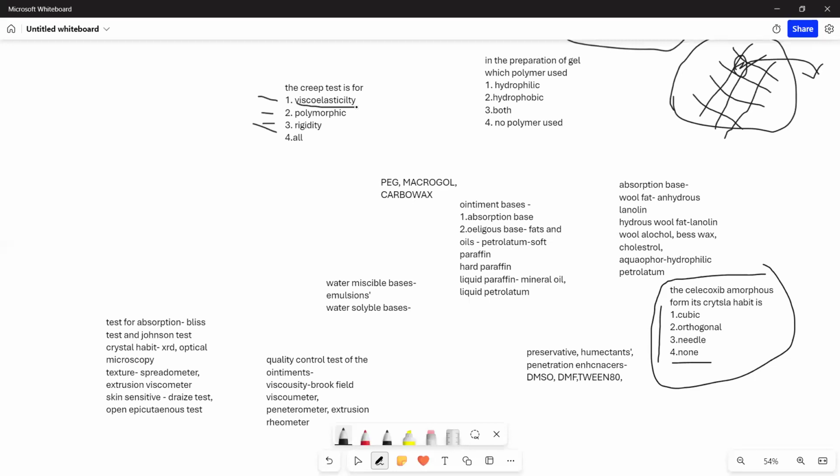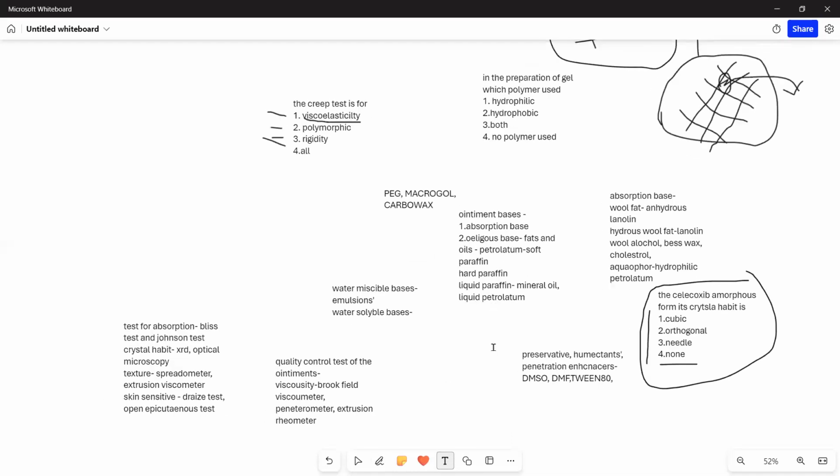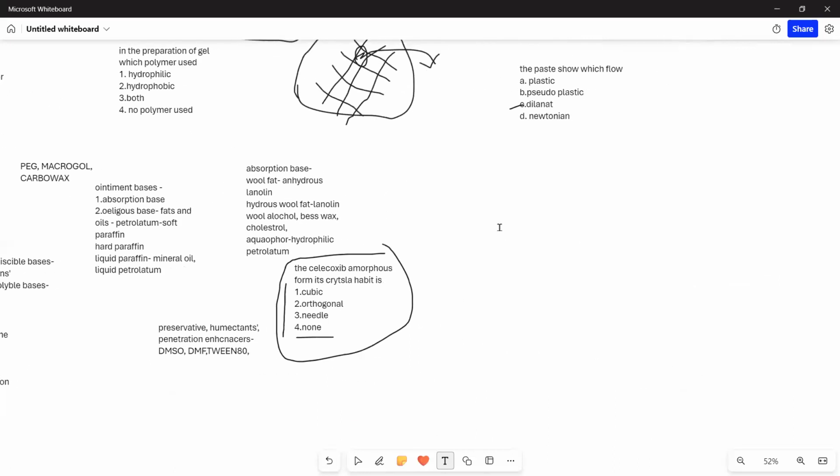As you know, PEG exists in different molecular weights, and the different molecular weights have different solid states. So PEG with large molecular weights like 2000 and 5000 exists in which state, guys?